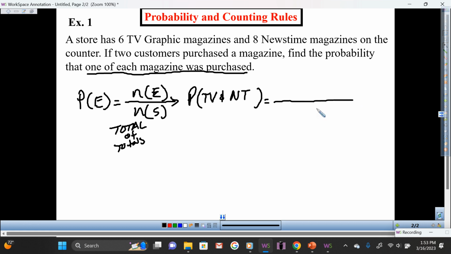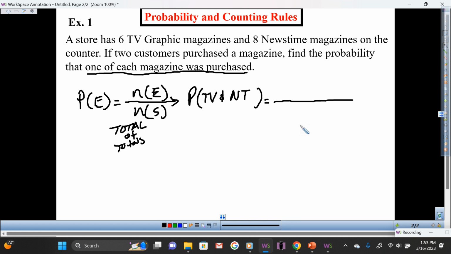Start with the total of the totals. So, how many magazines are going to be purchased? One of each, which means a total of how many? 2. Okay. Now, question to you. This is where we start combining with counting rules.